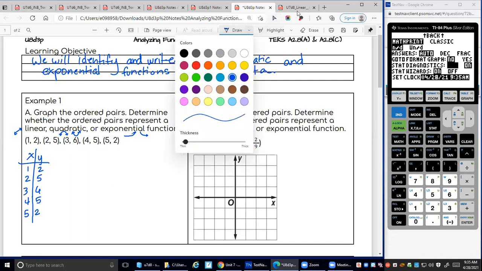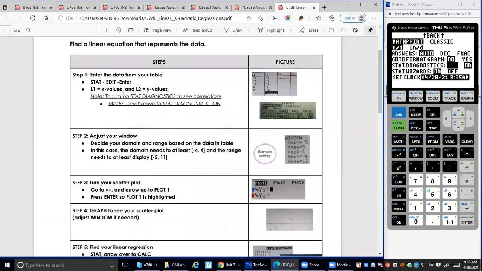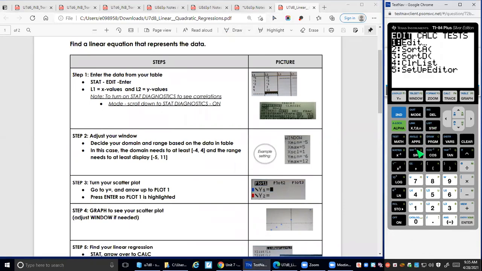And it is stat. Good job. So right here, this is where we're going to be using this, right? Stat. And 1 for edit. Everything under L1 is going to be about X. Everything under L2 is going to be about Y.